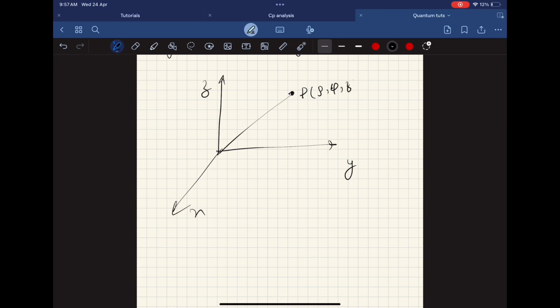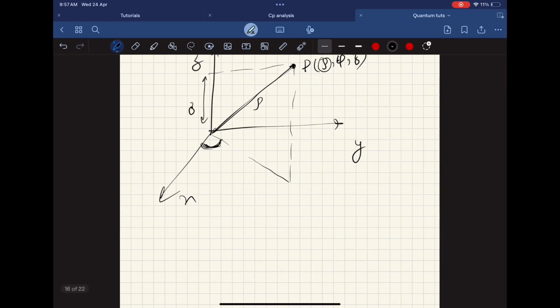This rho is similar to the r, which represents this distance, and phi is the projection angle, the angle which the projection makes with the x-axis, and the z coordinate is this, so this is z. In this coordinate system we write dl equals d rho rho-cap plus rho d phi phi-cap plus dz z-cap.